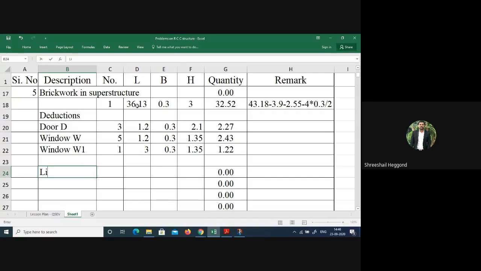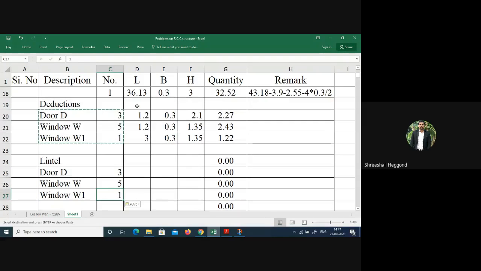Next, lintel you can calculate for these openings. For the side, add an extension of 10 centimeter for all the openings. For lintel, it will be 1.4, 1.4 and 3.2.